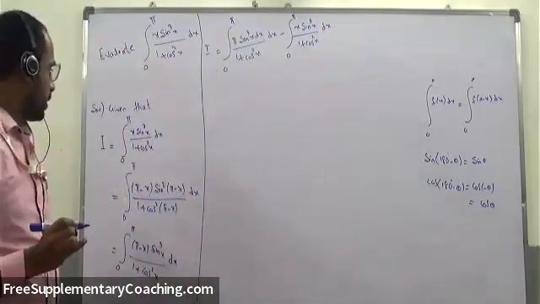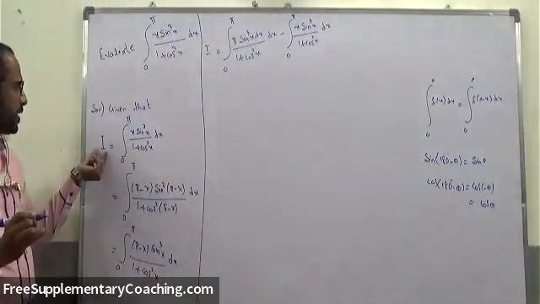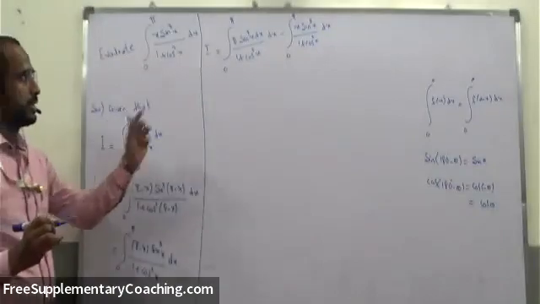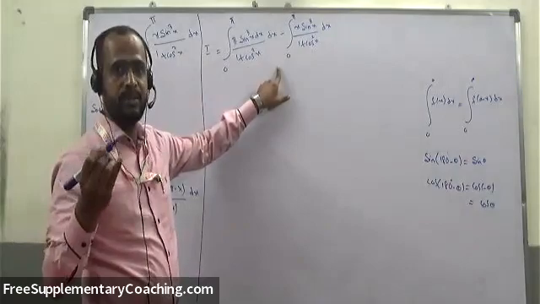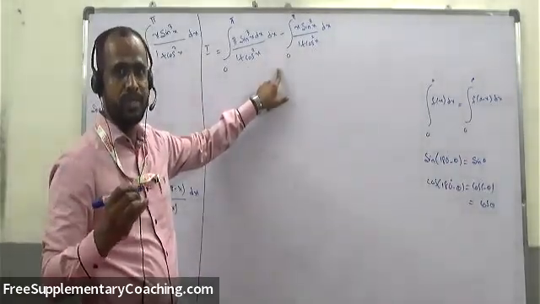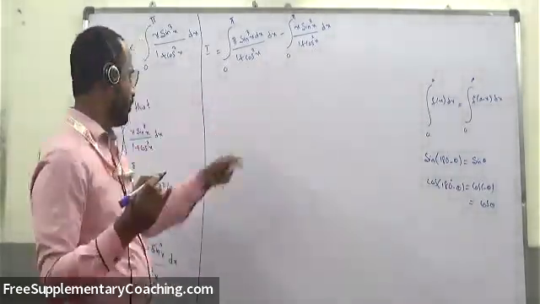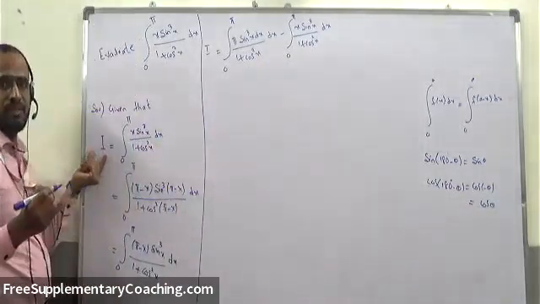See here, this is the value of I. This complete integration 0 to pi x sine cube x divided by 1 plus cos square x into dx is the value of I, as you can observe in the first step.